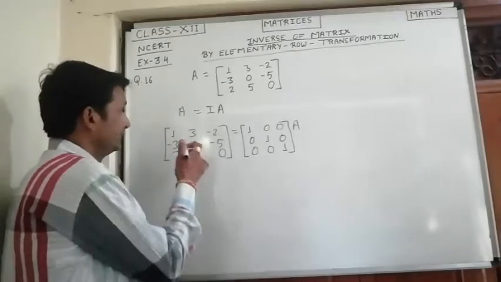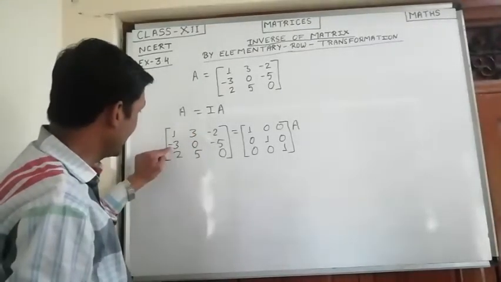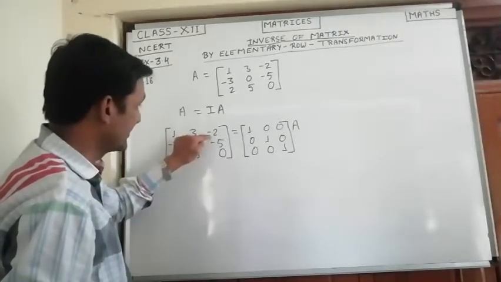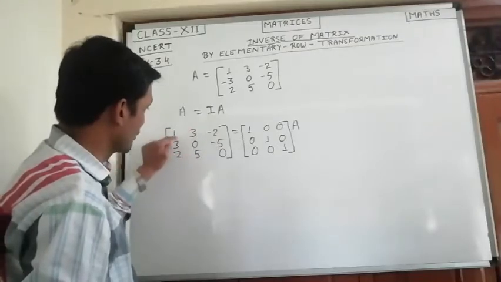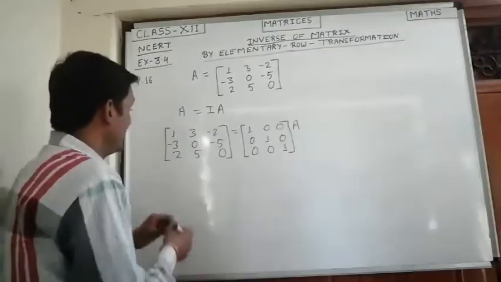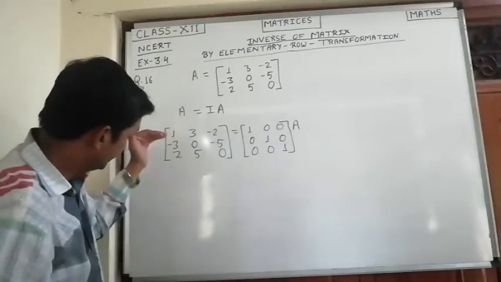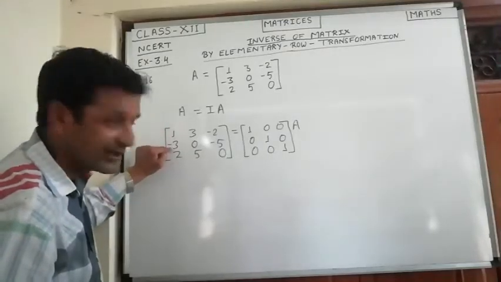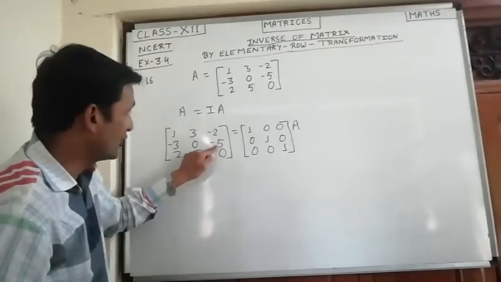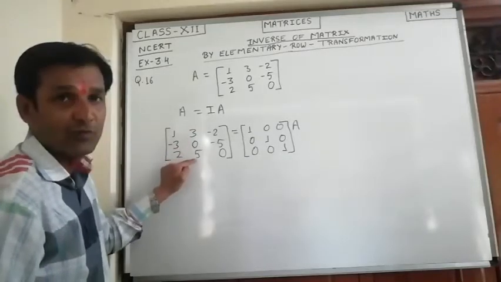So now for this, my first aim is to make this and this term 0, this and this term 0, this and this term also 0, this and this term also 0, and the remaining diagonal terms 1, 1, 1. This is our aim. So for this, once more I am telling, we have to make this minus 3, 0, this 2, 0, and then minus 5 we have to make 0, this minus 2 we have to make 0, 3 we have to make 0 and 5 we have to make 0.